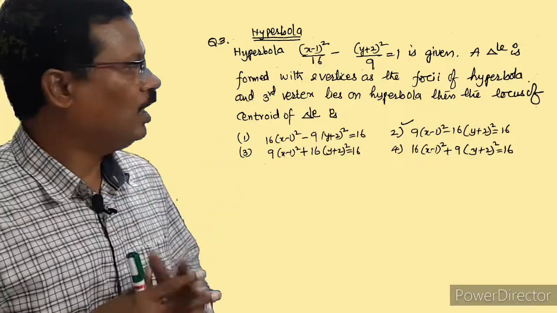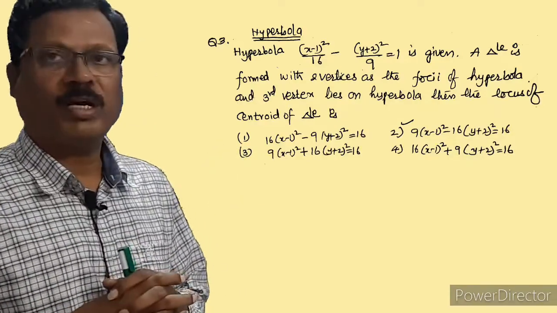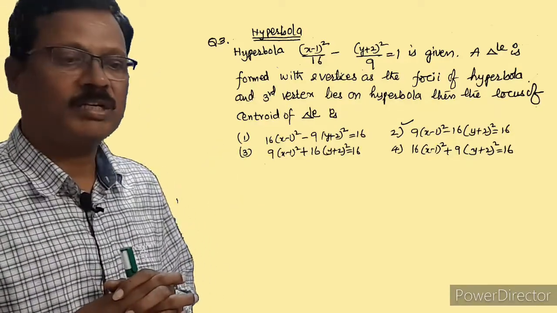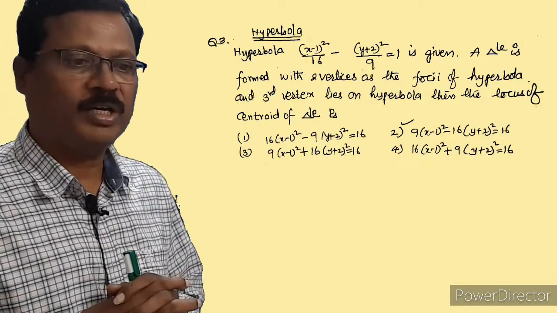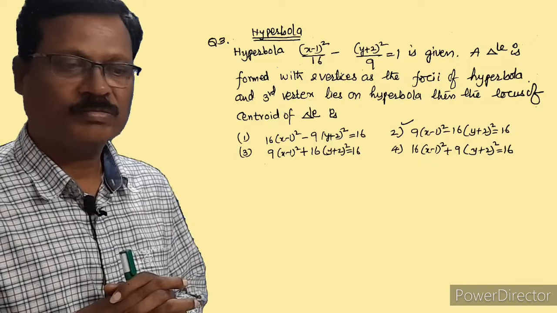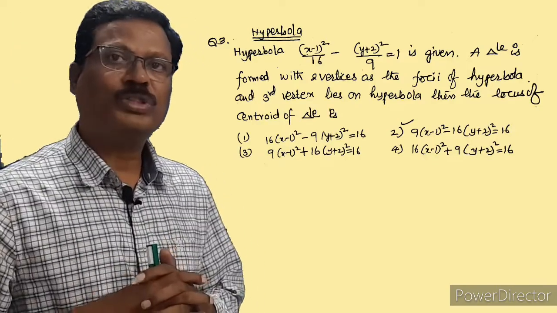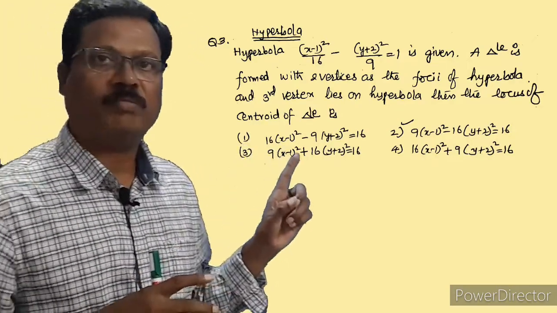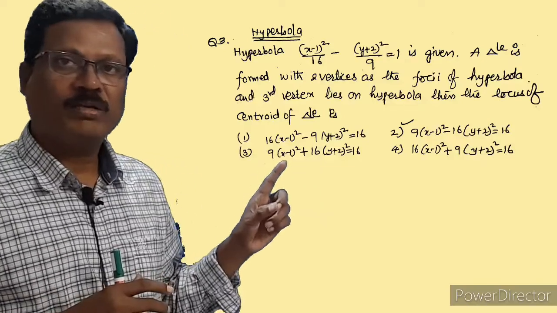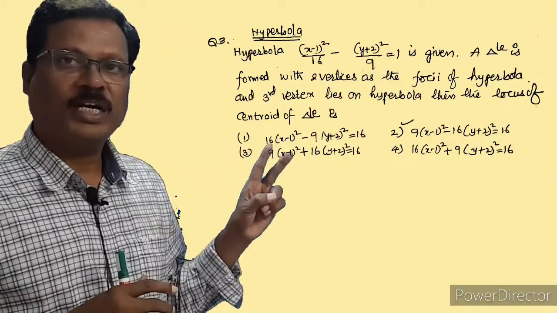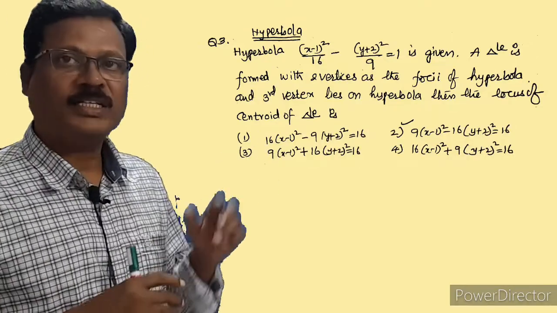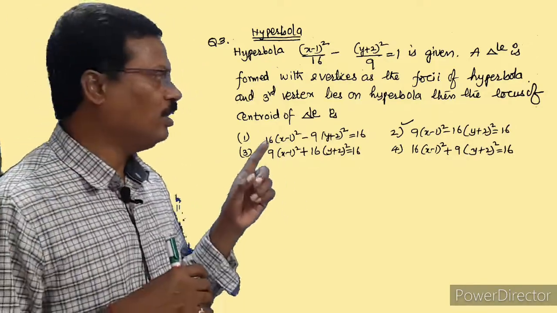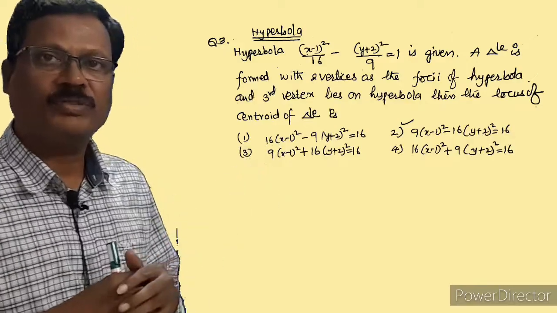And see the third problem, the hyperbola: (x minus 1) whole square by 16 minus (y plus 2) whole square by 9 is equal to 1. A triangle has two vertices at the foci of the hyperbola, and the third vertex lies on the hyperbola. The locus of the centroid of the triangle is what?